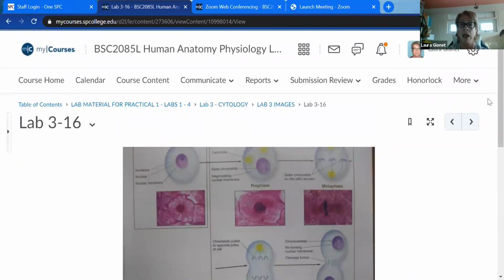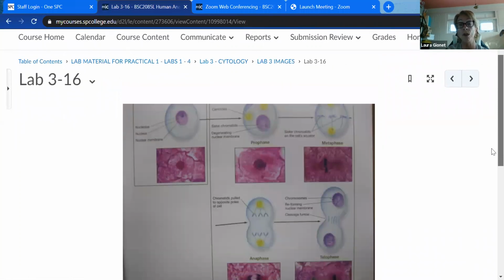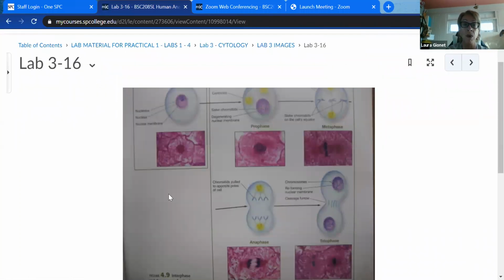This shows you some pictures, and your textbook has great pictures too, of what's happening. And even though our slides don't look quite that good, this is how you can tell the difference between an interphase and a prophase. Interphase and prophase are very similar.